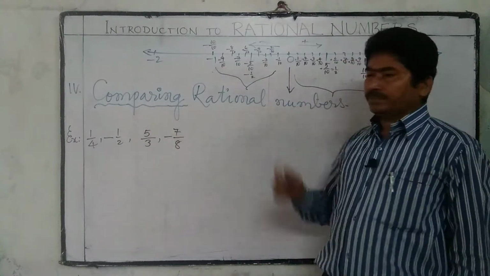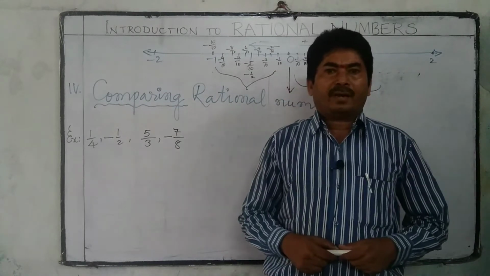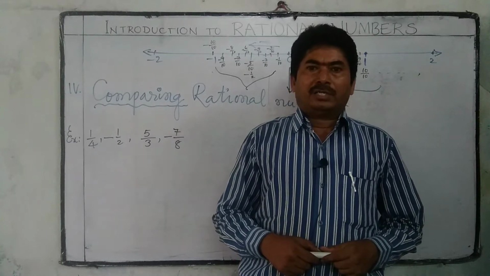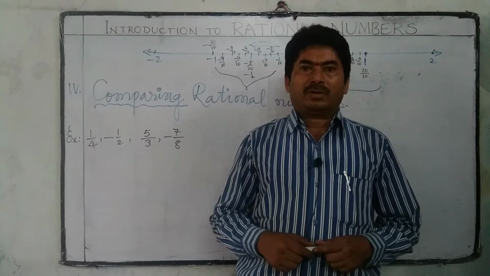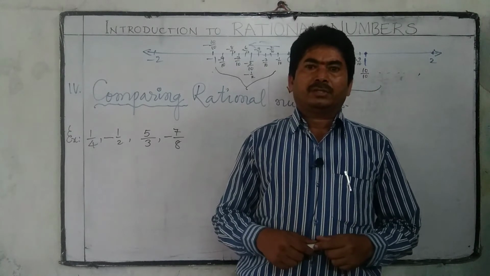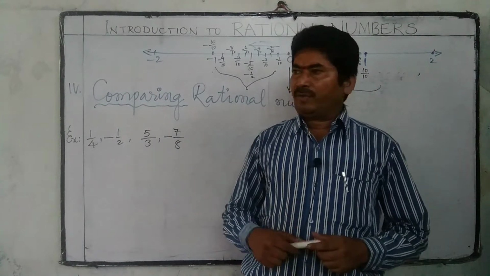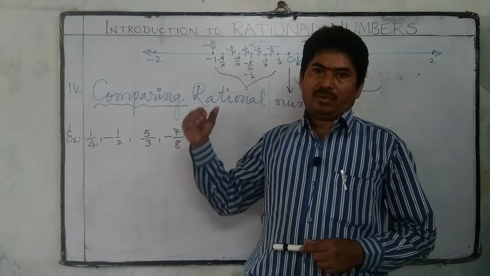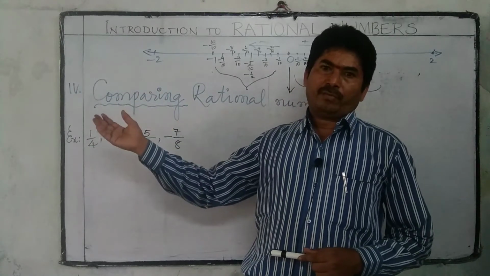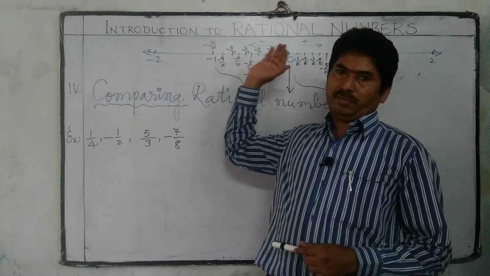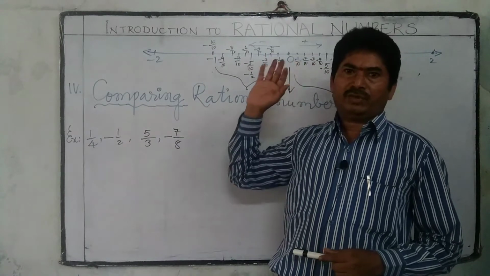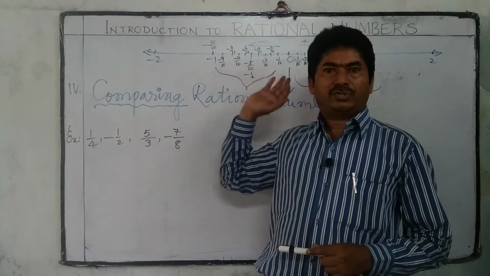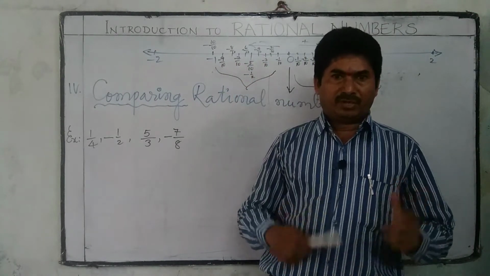Comparing rational numbers. How to compare rational numbers? We already learnt a few concepts about comparing numbers in fractions, but here we have rational numbers. Here we have negative fractional numbers and positive fractional numbers. That's why we have to focus on them. Let us observe once again.